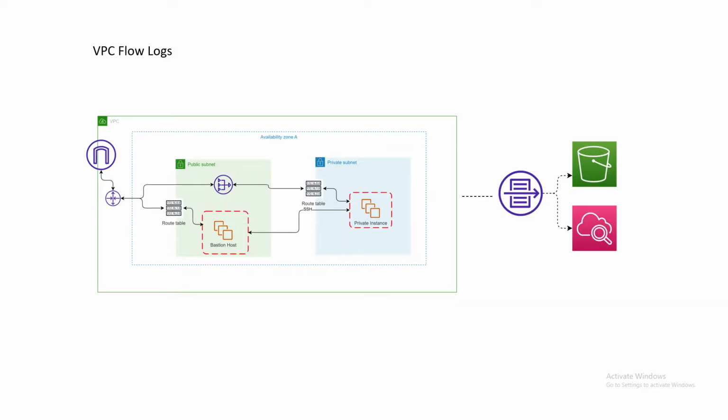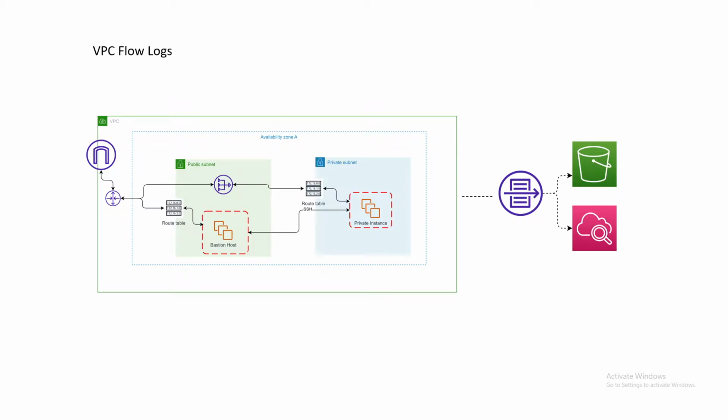VPC monitoring can be achieved by the use of the feature called VPC Flow Logs. This feature allows us to capture all the traffic that is coming in or out of our VPC, and it is going to allow us to send this data to different destinations.